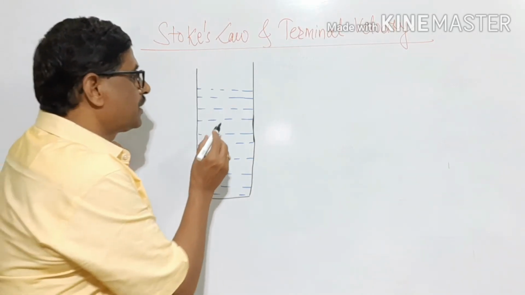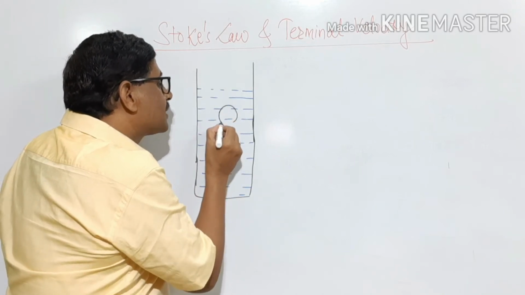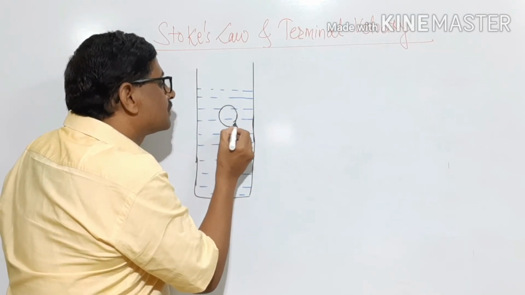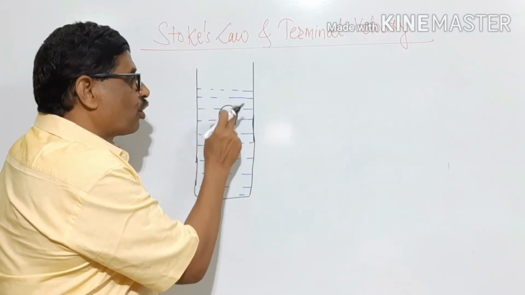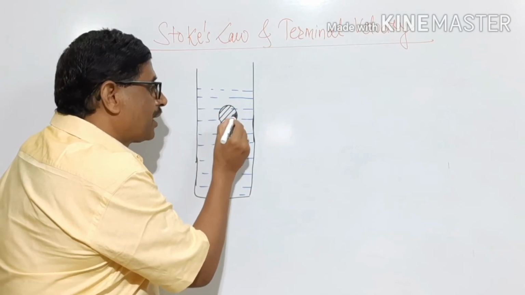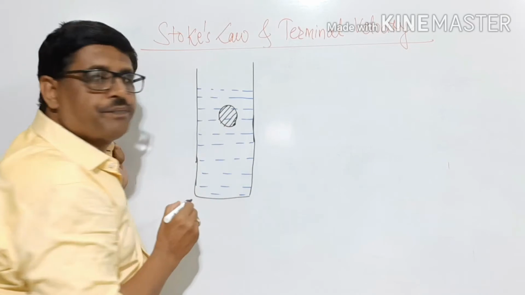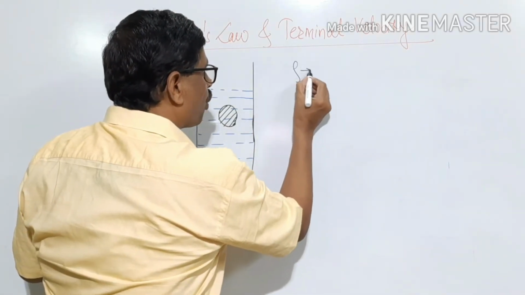Let us consider there is a spherical body of radius r. Let this spherical body be a spherical bob of metal whose density is rho.